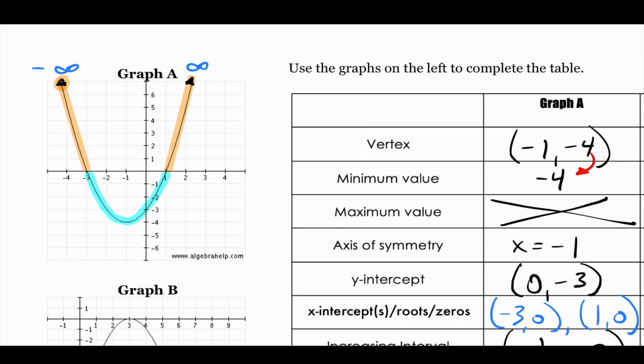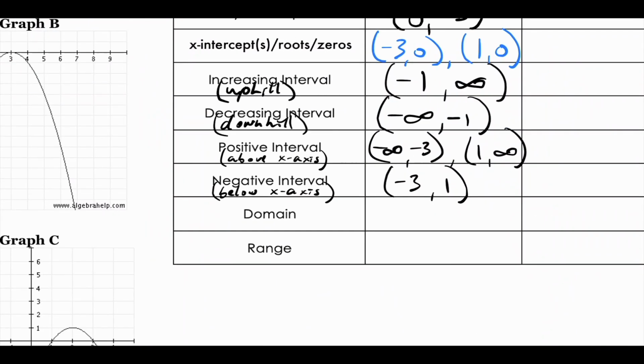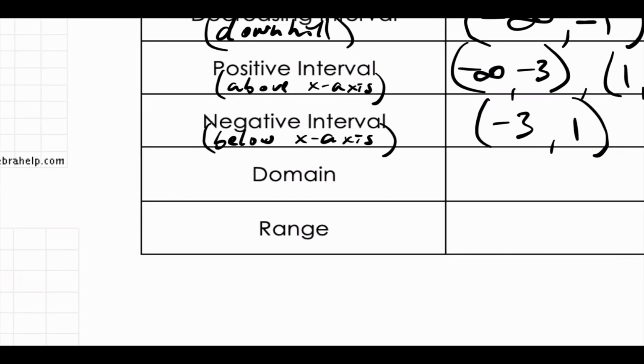Okay, so let's get back to this. Last two things, domain and range. So domain are the x values. Range is the y values.